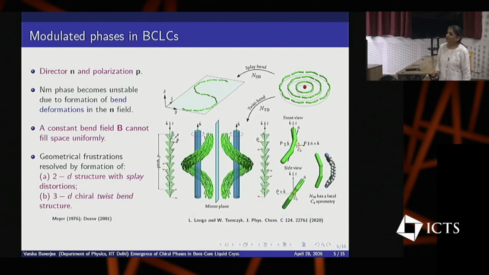Or they form these chiral twist bend structures. That's what you see over here, and as you see, it could be clockwise chiral or anti-clockwise chiral. That's what now gives chirality, which is constructed from these achiral objects. So these are the 2 phases that are important for us: the splay bend phase and the chiral twist bend phase.